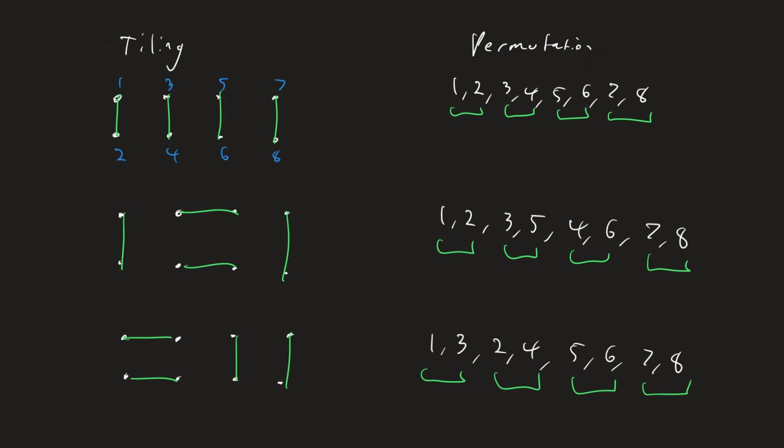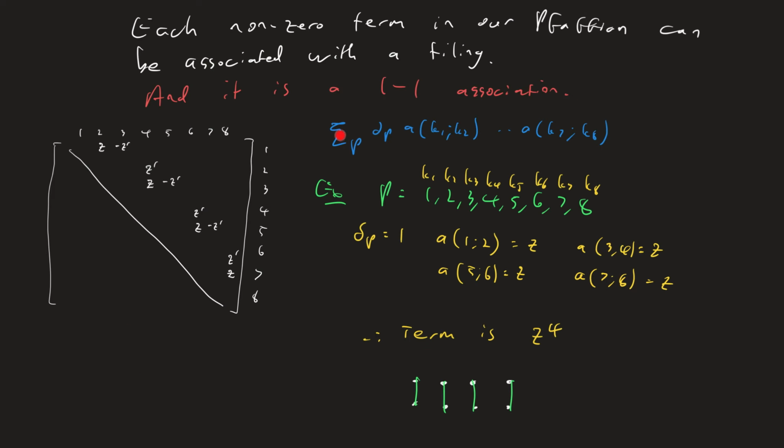However, the way we've arranged our matrix means that when we come to compute the Pfaffian, any permutations that do not correspond to a tiling will end up with a 0 term in the Pfaffian, and they won't count for a valid tiling.